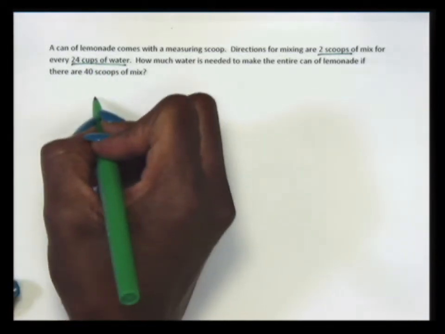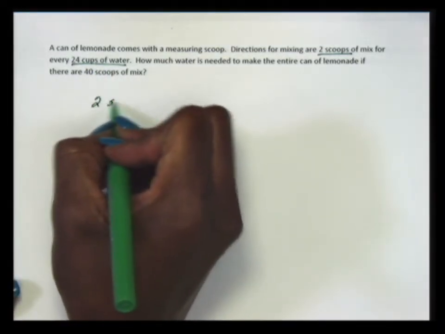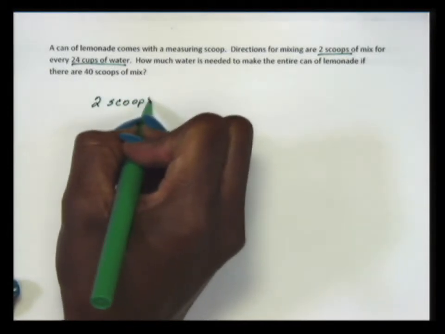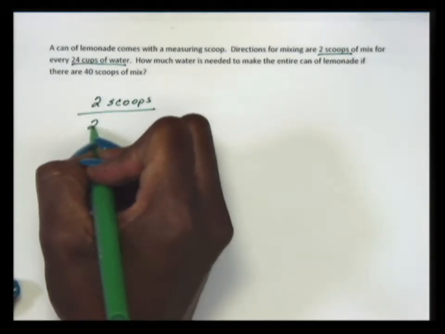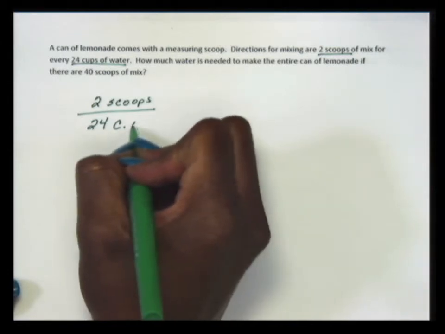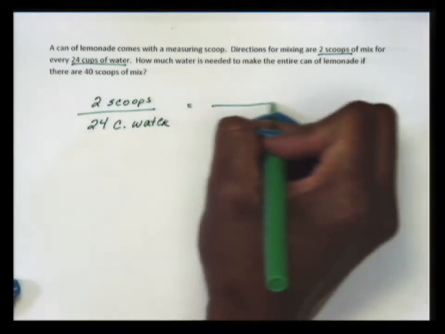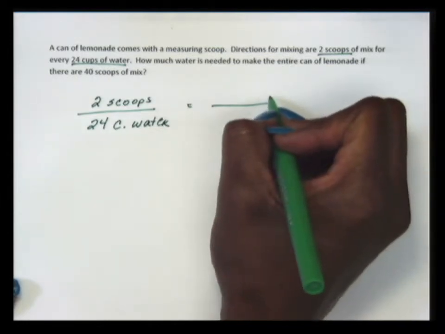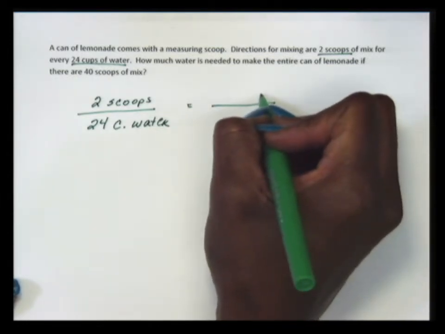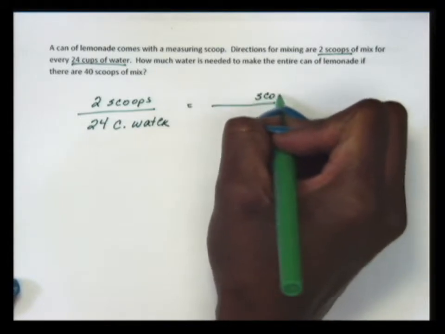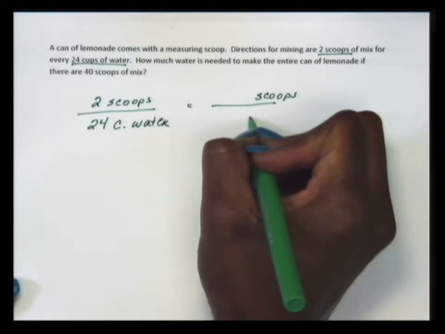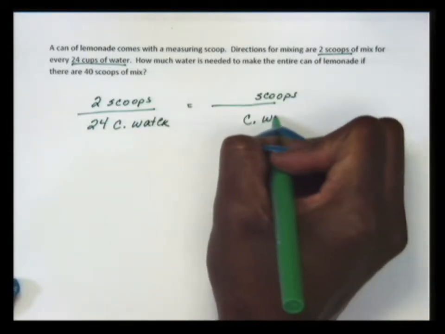So when we set up our proportion, we'll have 2 scoops over 24 cups of water. So on the right, the proportion units have to be exactly the same. So we'll have scoops in our numerator and the cups of water in our denominator.